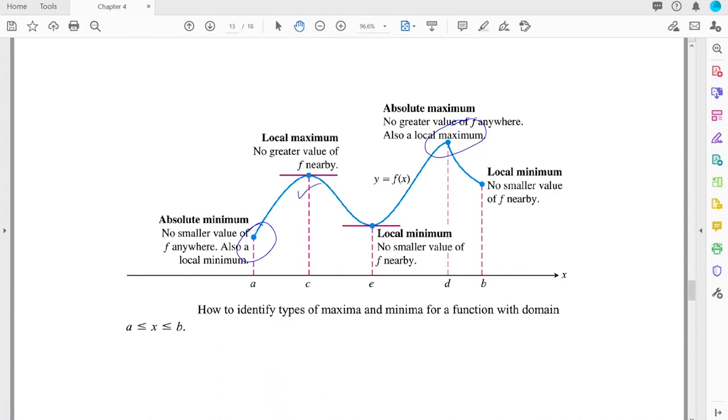But this point is called local maximum because the value of the function at this point is greater than the previous value, and also greater than the value of the function just right after that point. So that's why it's a local maximum. This is local minimum, and this is also local minimum because there is nothing that comes right after that, so you don't have to compare if that is not inside the domain. But this is smaller than the value just before it.